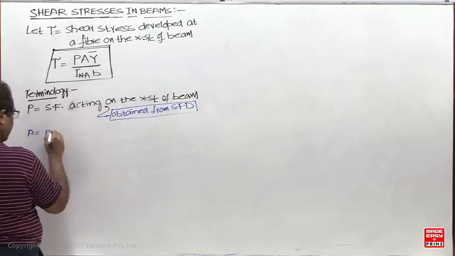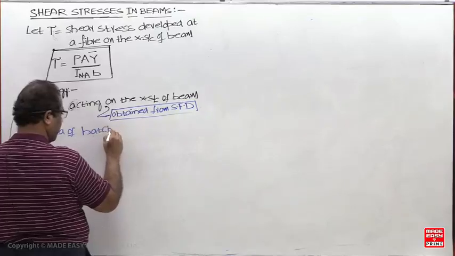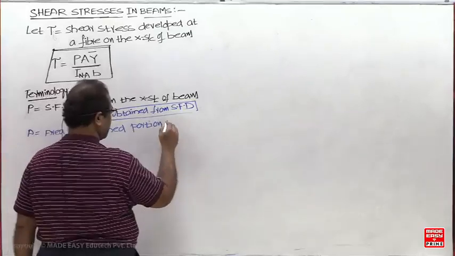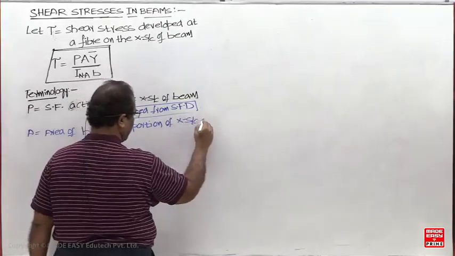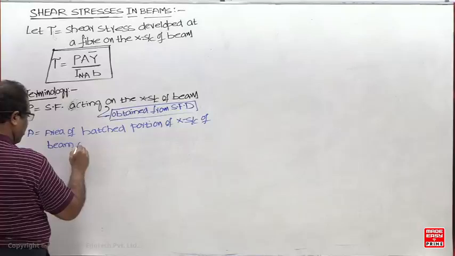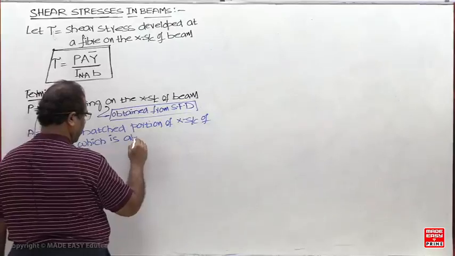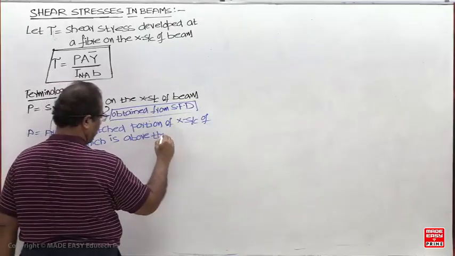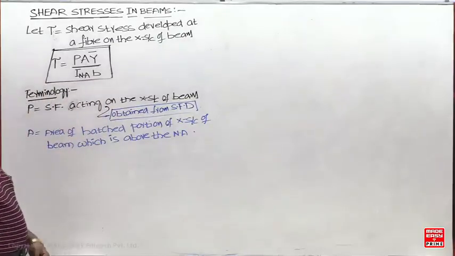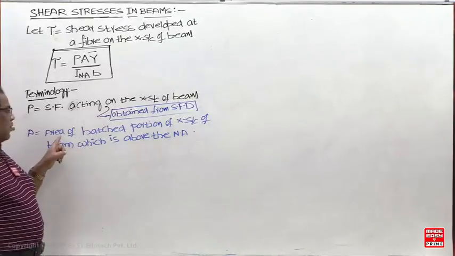A is the area of the hatched portion of the cross section of the beam which is above the neutral axis. Not the total area, but the area of the hatched portion.